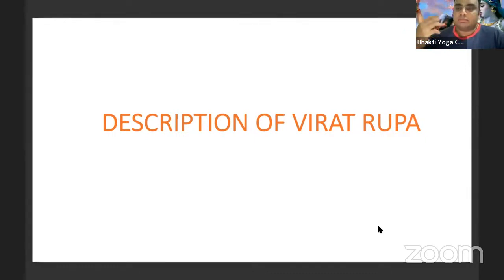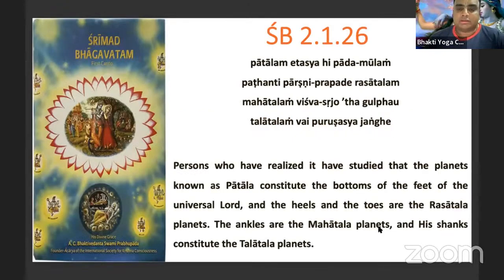The 14 planetary systems, or these 3 divisions, upper, middle, and lower parts, have been described as representing the Virat Rupa of the Supreme Lord. We actually saw this much earlier in our sessions; there was even one session titled Virat Rupa.